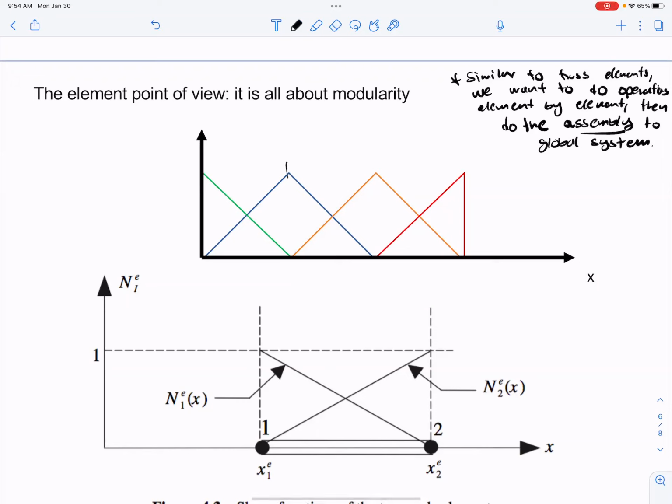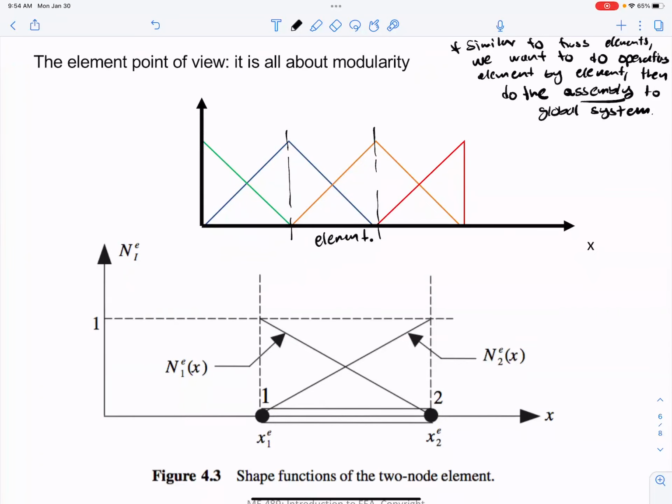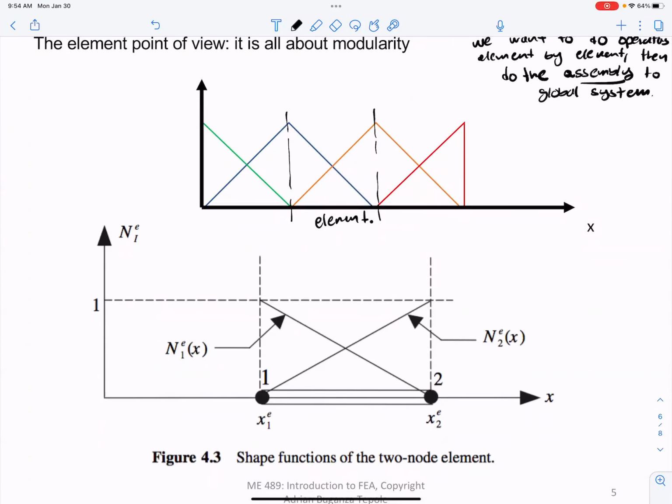So if I look at a particular element, all I need to worry about is half of the hat function that goes from 1 to 0, and the other half that goes from 0 to 1. So instead of having 4 or 7 or however many shape functions, for every element, I just have 2.